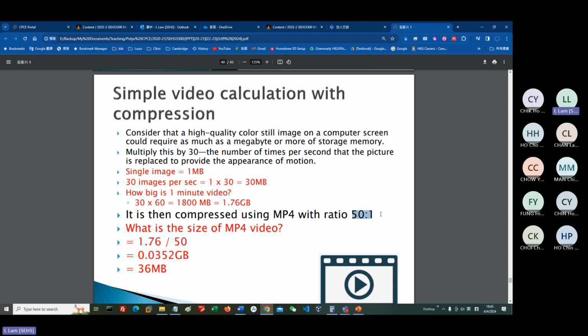Suppose we have the codec technology, maybe MPEG-4 or H.264, and it can help us do the compression, and then we need to divide the original video size by this compression factor. And then this 1.76 gigabyte video will be compressed into the size of 36 megabytes.